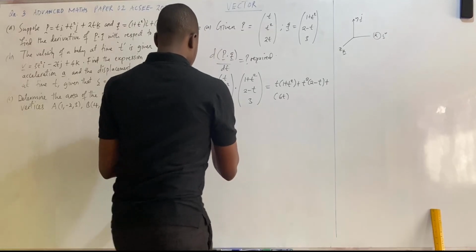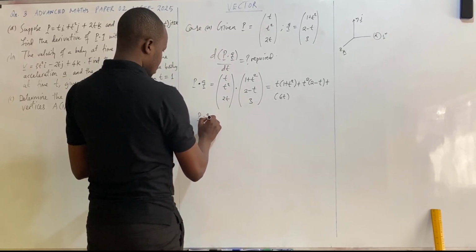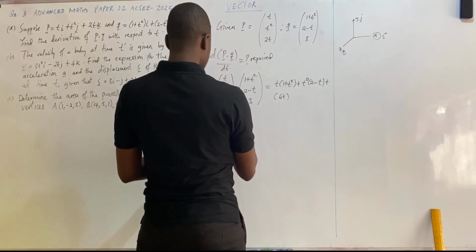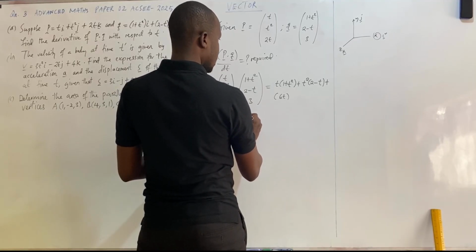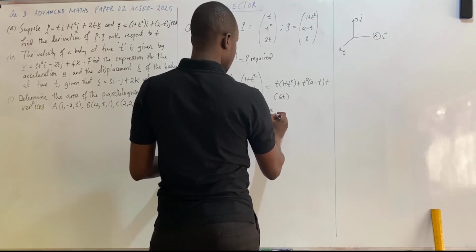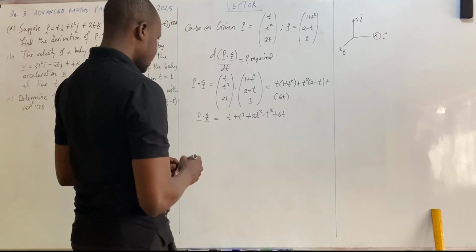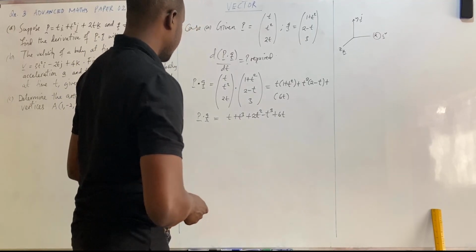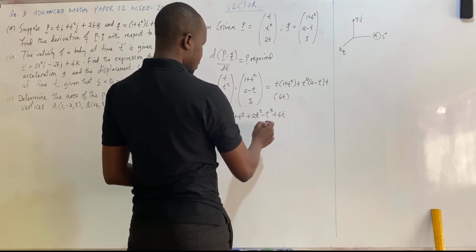So the dot product of P and Q becomes T plus T cubic, then we add 2T square, we subtract T cubic, then we add 6T. From here we can check the like terms and combine them. For example, the T cubic terms will cancel out.